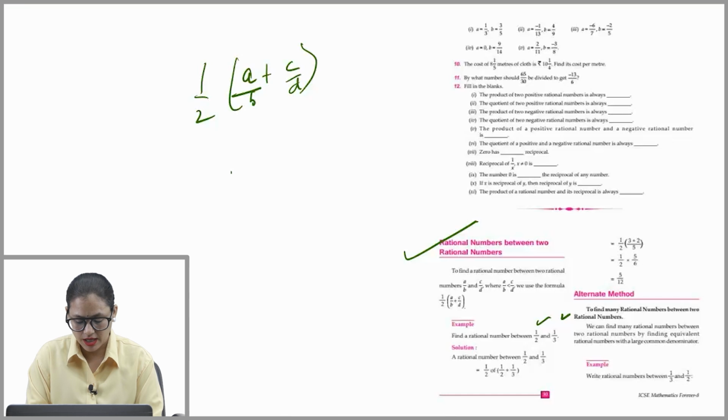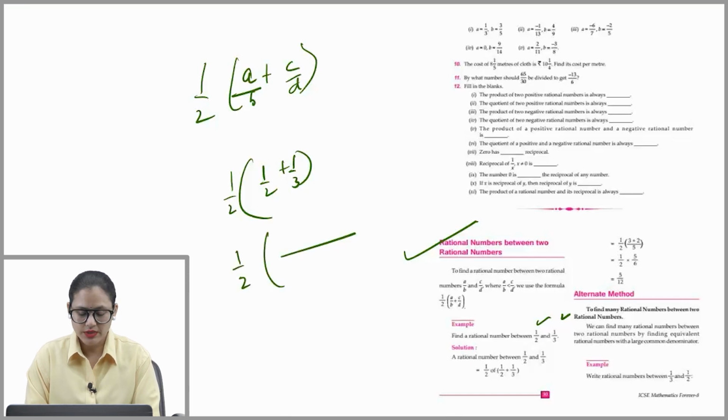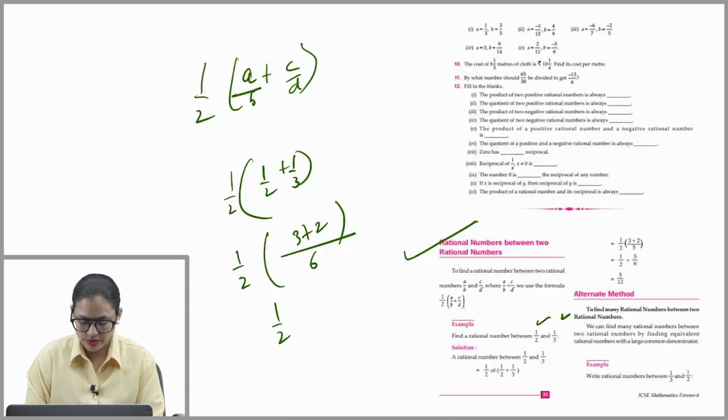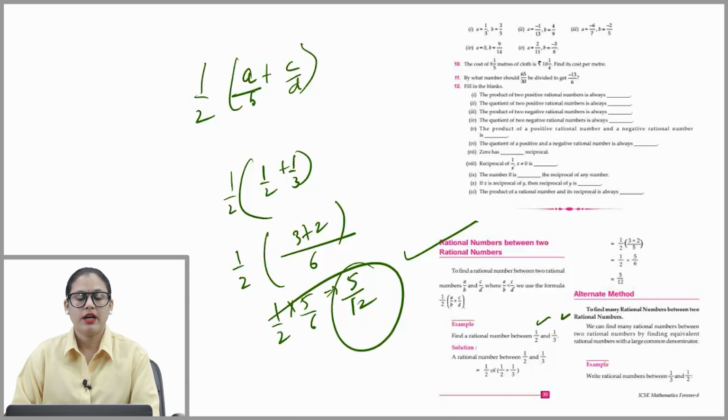We will write half of 1 by 2 plus 1 by 3. Okay, here LCM 6, 3 plus 2. 1 by 2 into 5 by 6. That is 5 by 12. Okay, only a rational number. 5 by 12 is a rational number between these two rational numbers.